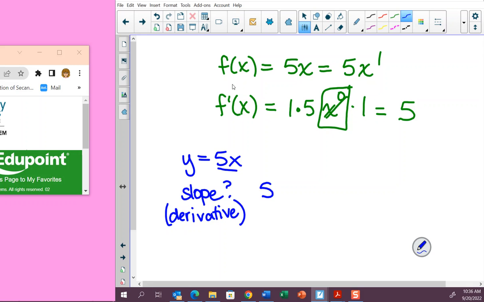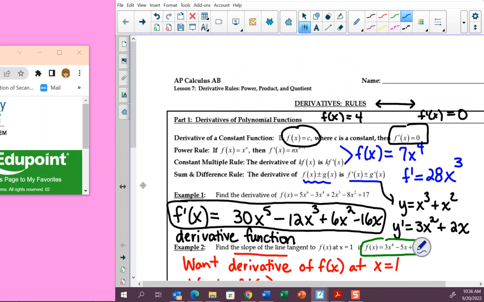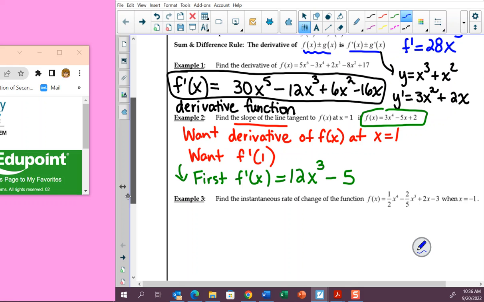The slope of 5x is 5. So my derivative of 3x to the 4th minus 5x plus 2 is 12x cubed minus 5. So then f prime of 1 would be 12 times 1 cubed minus 5, or 12 minus 5, which is 7.